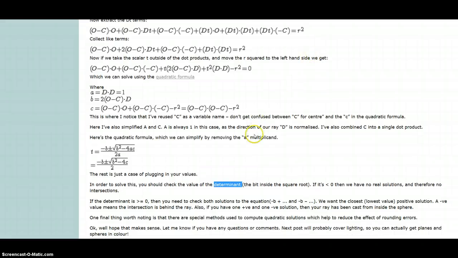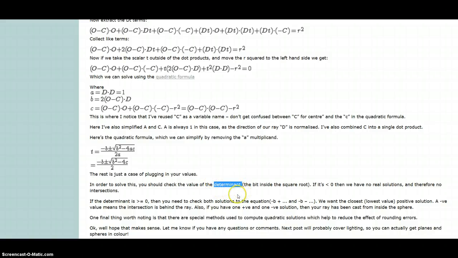So you need to calculate all these elements, and after that you should calculate this determinant, which is used to check if there is any kind of intersection.